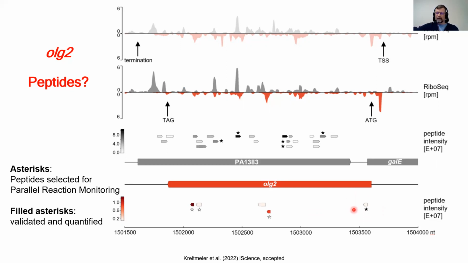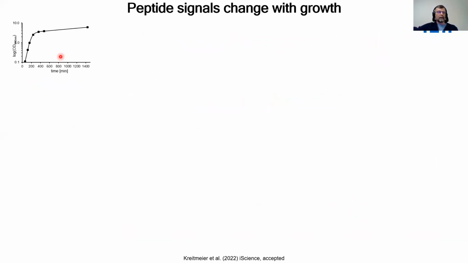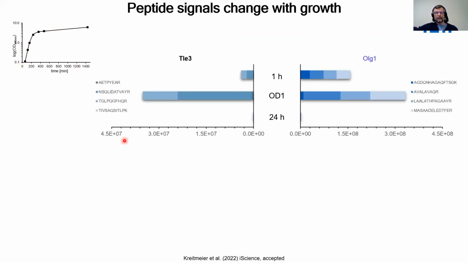Okay. Alrighty. So we now took samples from a growth curve, and here you see for overlapping gene 1 after 1 hour, after OD1, which is around about here-ish, and 24 hours, we measured the peptides using this PRM.